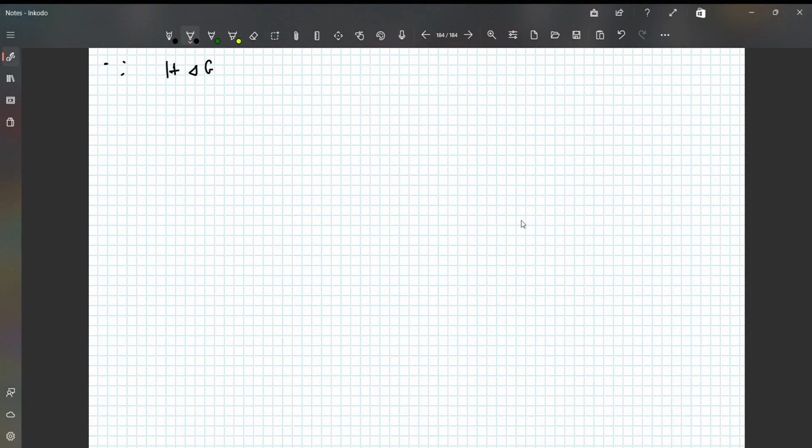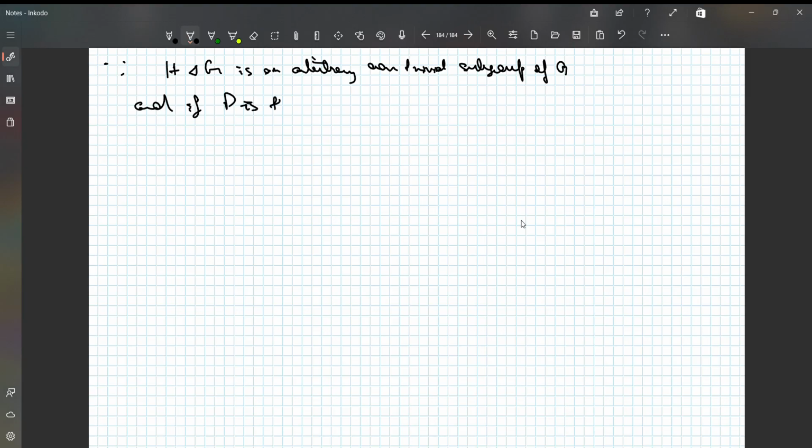now since H, normal in G, is an arbitrary non-trivial subgroup of G, and if P is the characteristic Sylow subgroup of H, then P is also a non-trivial normal subgroup of G. Then P is normal in G and non-trivial.